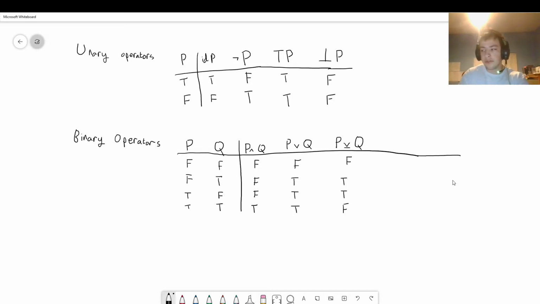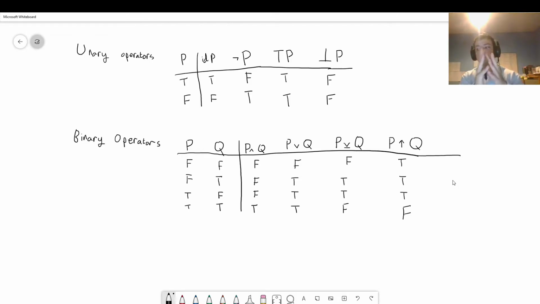Then the final useful thing of this class is NAND, so P, sometimes this is an up arrow, Q, and basically this is just the negation of P and Q, so that is going to be true, true, true, or false.